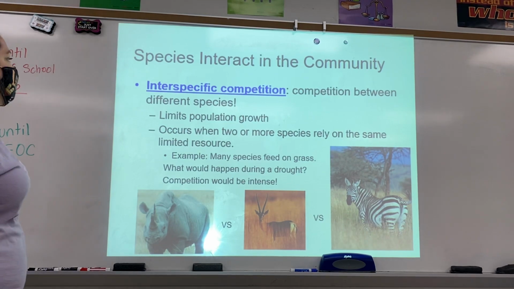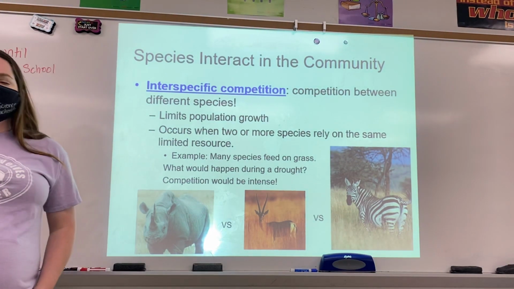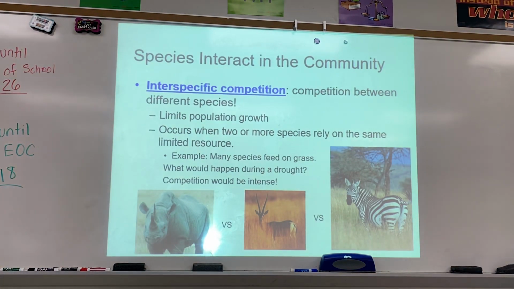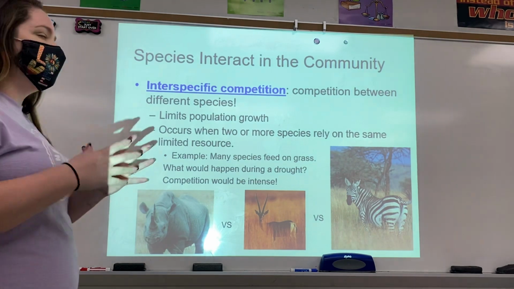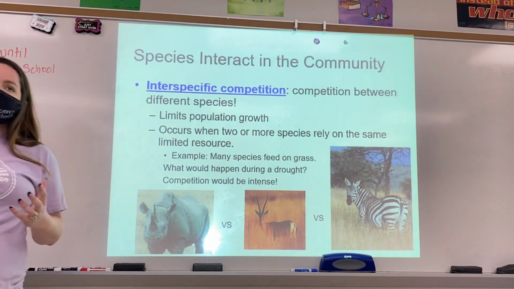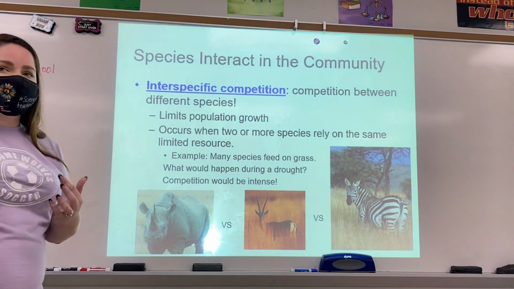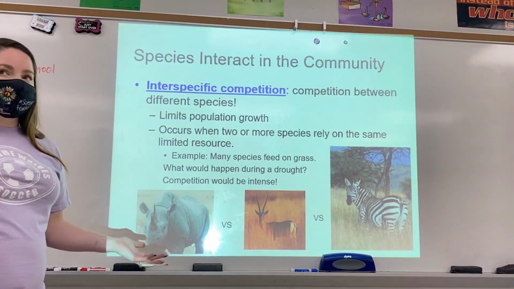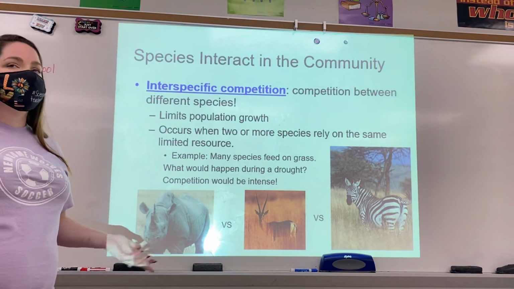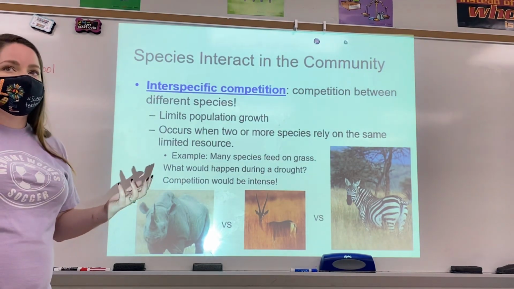So we have, in communities, so our community is our level that deals with all of our different populations of our different species. So now we're going to look at how those different species are going to interact with each other and what kind of relationships are they going to form with each other because they live in the same area.